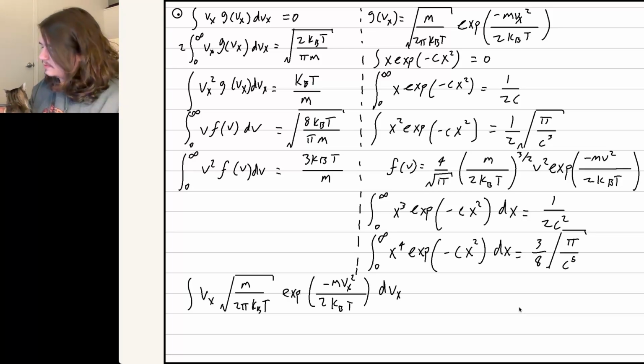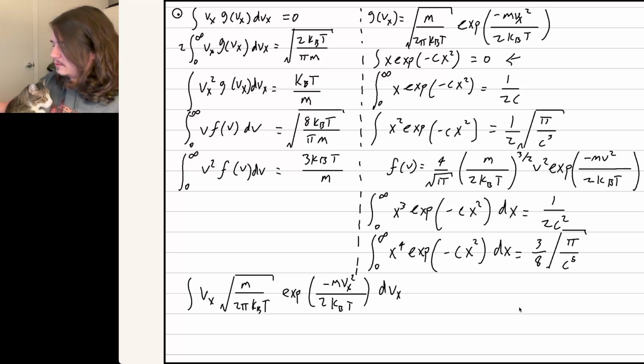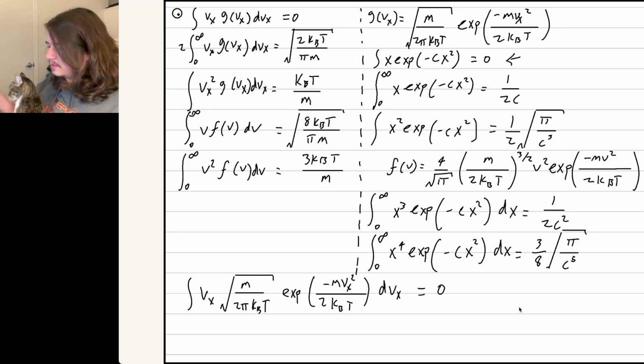Just looking at this, you can already tell it's of the form of this first table integral here. It's an integral over all space of x exp x squared. So this is equal to 0 already. So Blundell was right on that one.